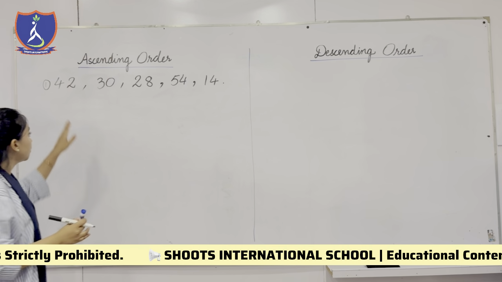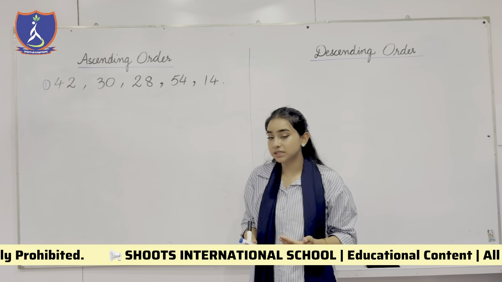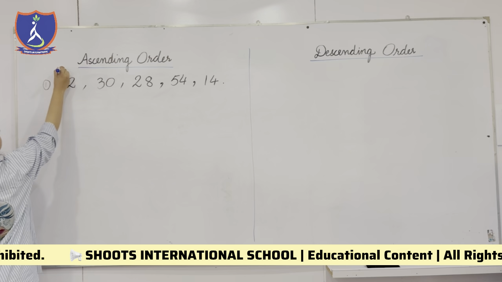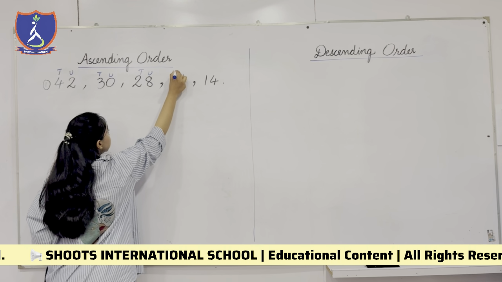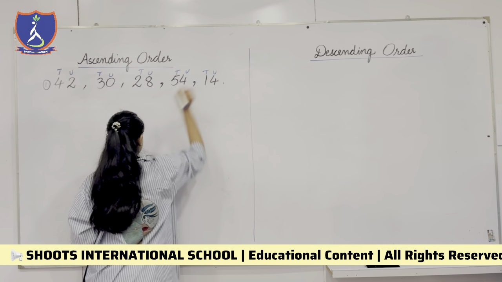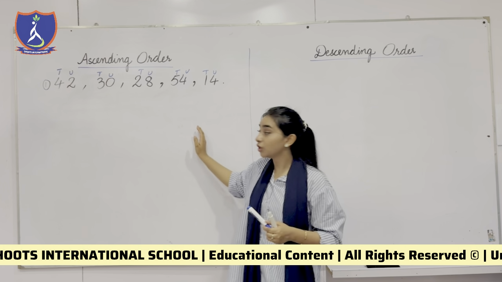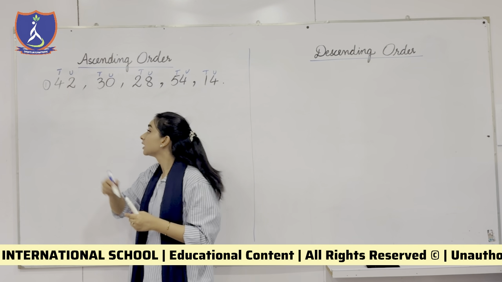Okay, now over here we have the numbers from different families. How do we know these are from the different families? Let's find out. Write down the tens and the unit on all these numbers. We have tens and then we have units. While writing tens and units, the first thing is that you are going to focus on the tens value, right? You are going to focus on the tens. Now look at this.